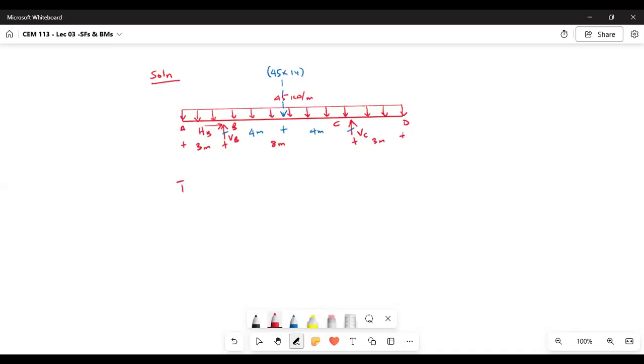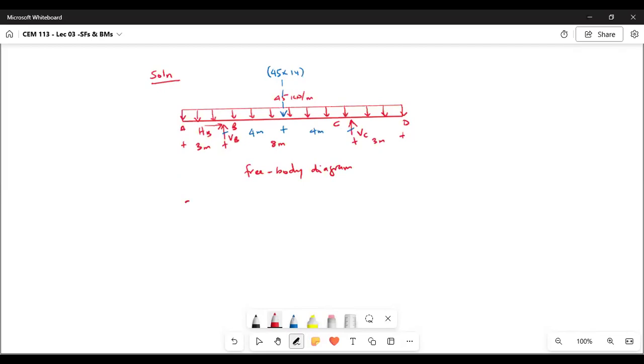Sorry, let me indicate that this is my free body diagram.